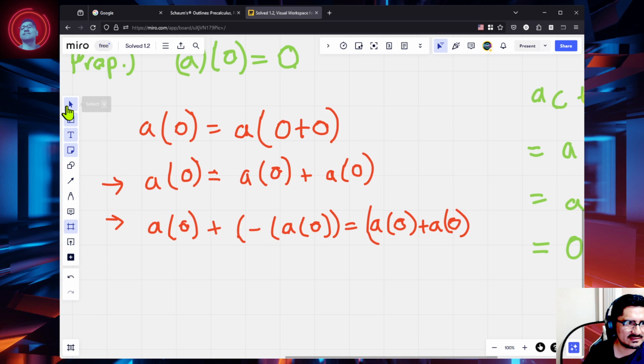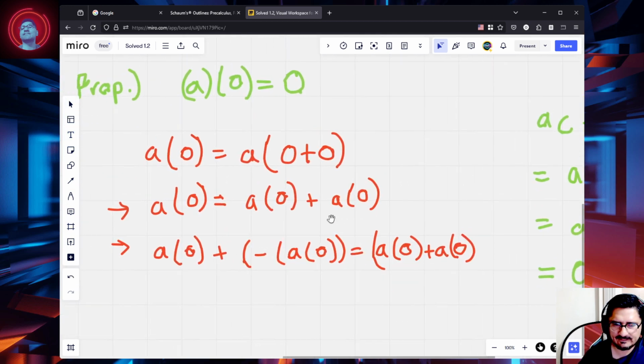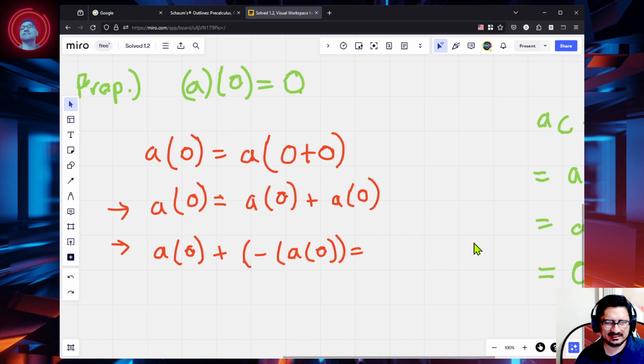So let me take this expression. I think it will be better to write this. We know for sure there is an inverse for a times 0, an element for a times 0.